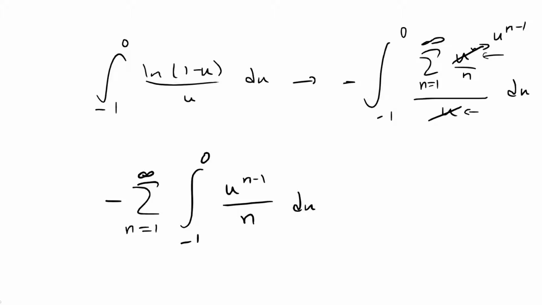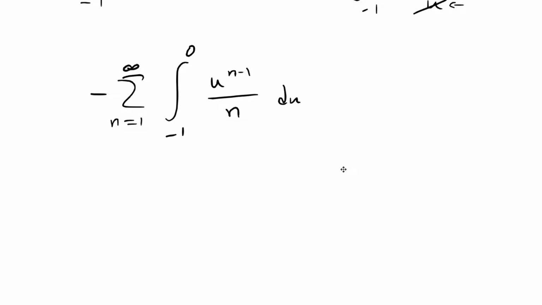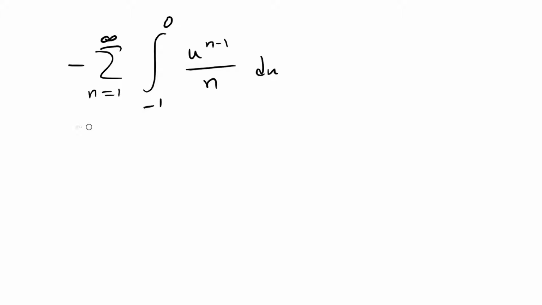All that's left to do is kind of plug and chug. So here we go. This is going to be equal to the sum from n equals 1 to infinity, and this is just u to the n over n squared, right?